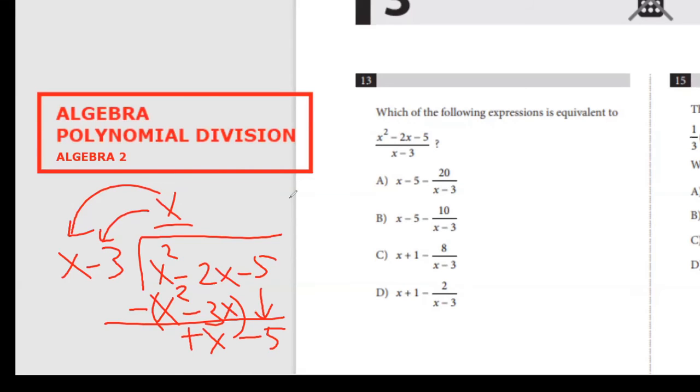And then what comes next for the quotient? +1. So then, what's 1 times x minus 3? Go ahead, can you continue? Positive 1x minus 3, and then -5 minus -3 is -5 plus 3, which is -2. Now you got it.